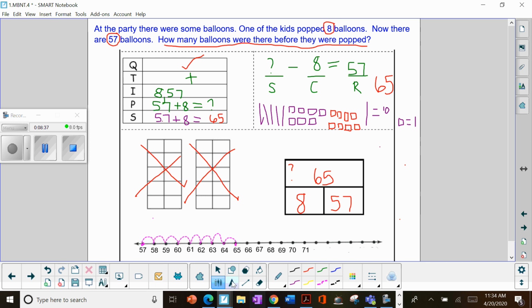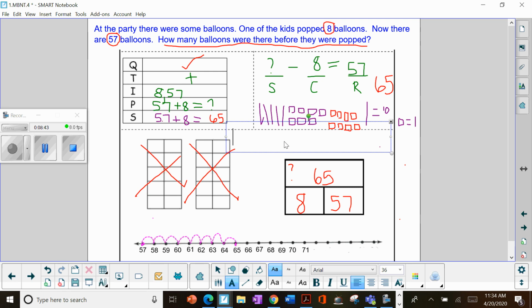Now we need to do our number sentence. I'm sorry, not number sentence. Our sentence that gives the answer. So there were 65 balloons before they were popped.